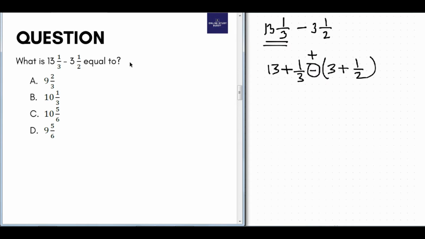So, we will have 13 plus 1/3 plus negative 1. Since kapag subtraction tayo, convert natin siya to plus, then i-reverse natin yung sign ng number sa right niya. So, we have negative 1 times the quantity 3 plus 1/2.